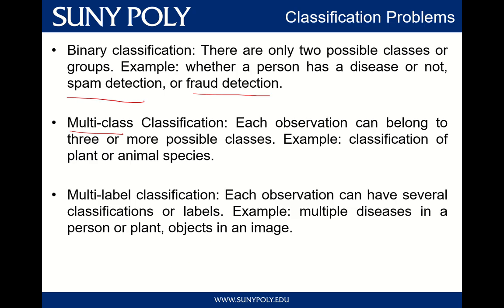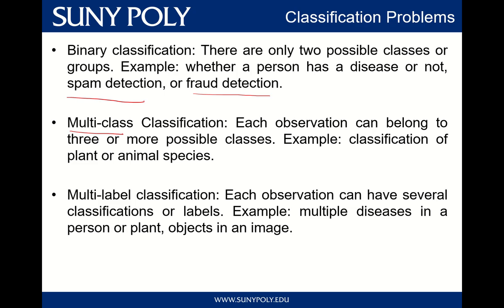Multi-label classification looks similar initially to the multi-class, but they are different. Multi-label means that in a single observation, it is possible to have two or more classifications. So, for example, if we are analyzing crops, for each plant, we take a picture, right?